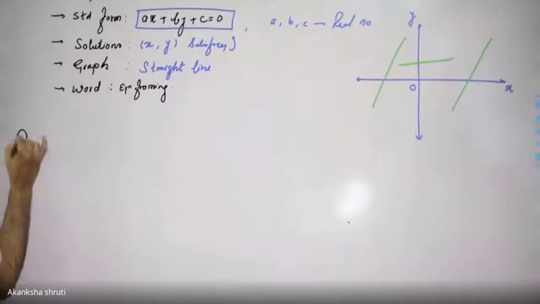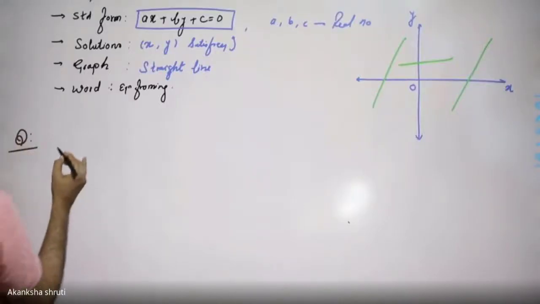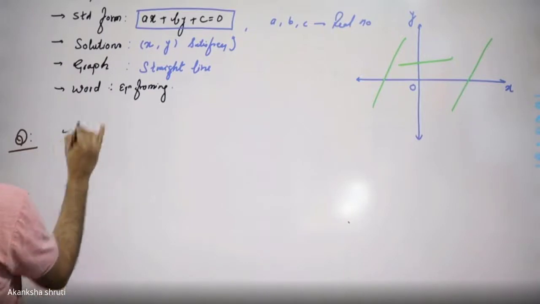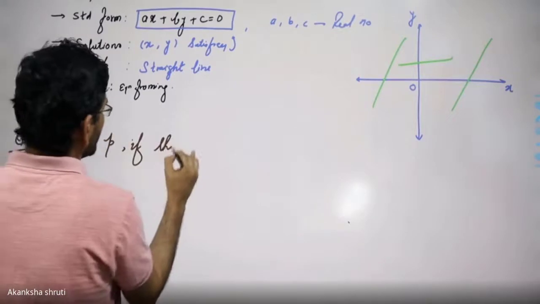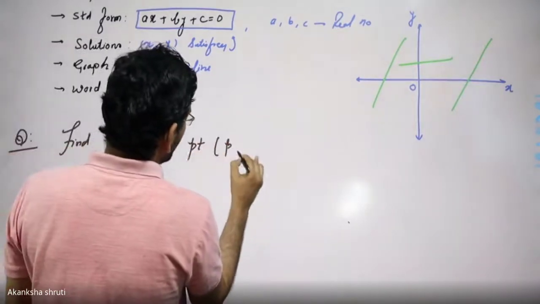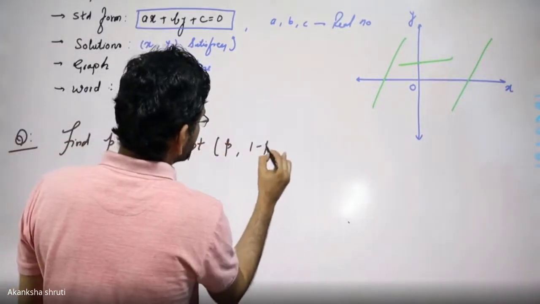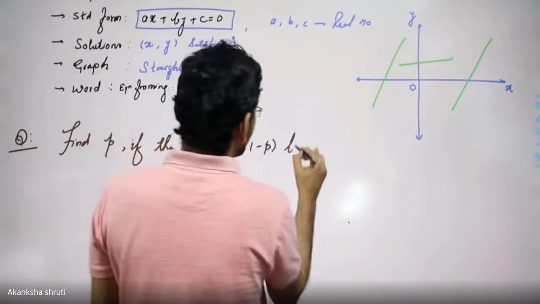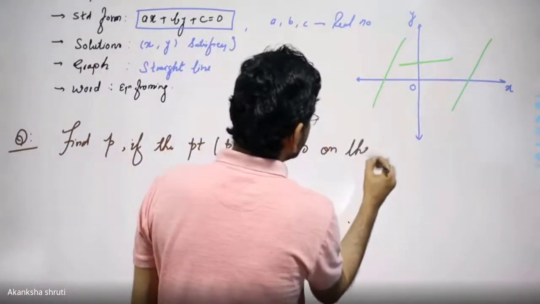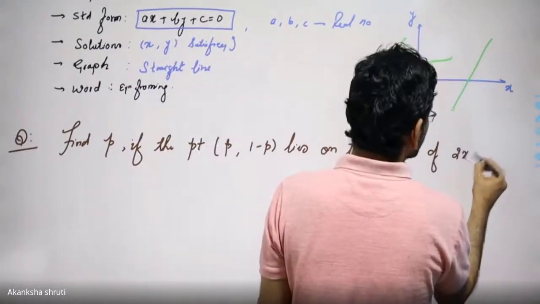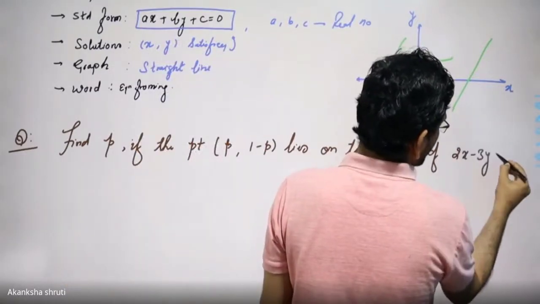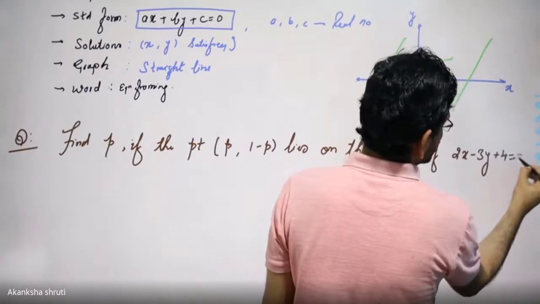Students, let us take one question. Find p if the point p, 1 minus p lies on the graph of the equation 2x minus 3y plus 4 equals 0.